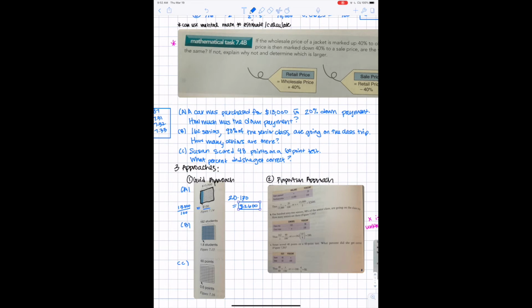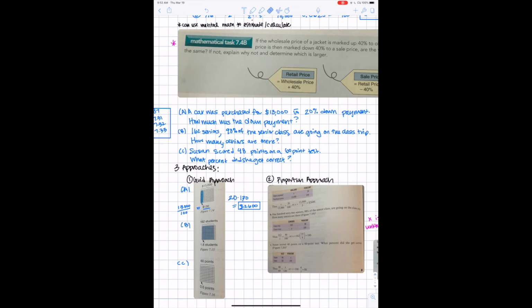Great. So basically, I'm just summing up 20 of these boxes that represent $130. What's nice about this grid approach is that it gives me a visual representation of what part each percentage is talking about.